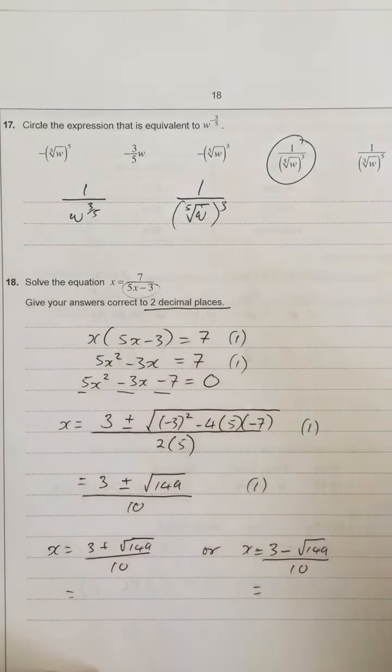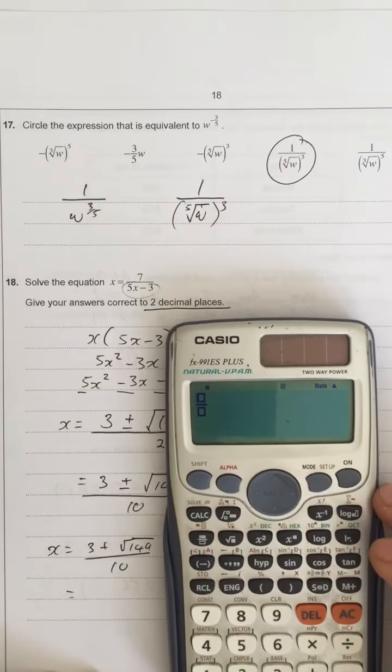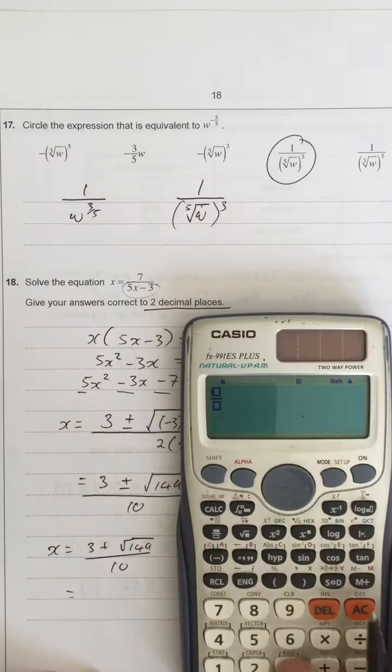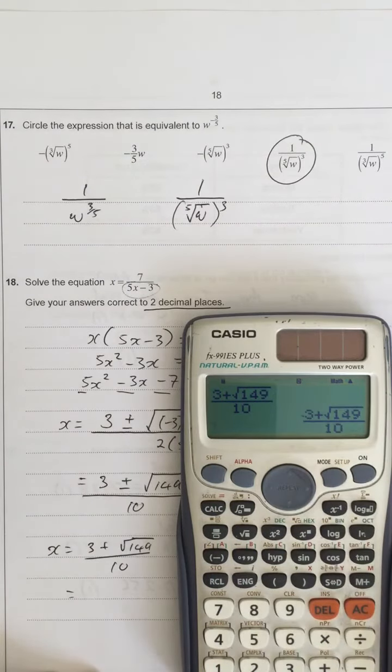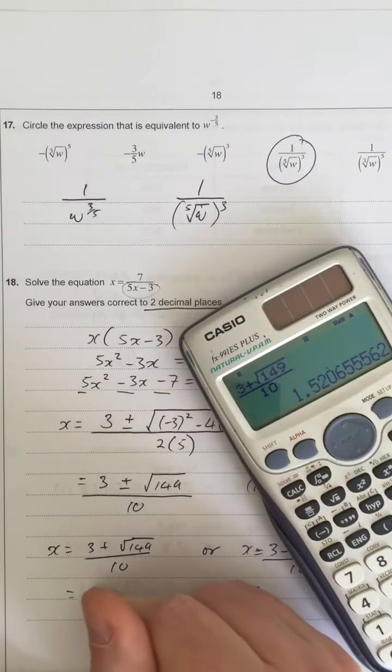And they want both answers to 2 decimal places. So again, just using your calculator, set up using the fraction button, make it easier. 3 plus the square root of 149 over 10. Turn it into a decimal, 2 decimal places, 1.52.